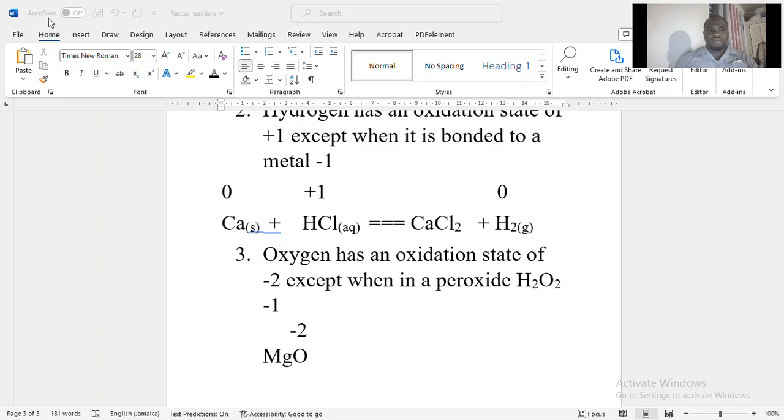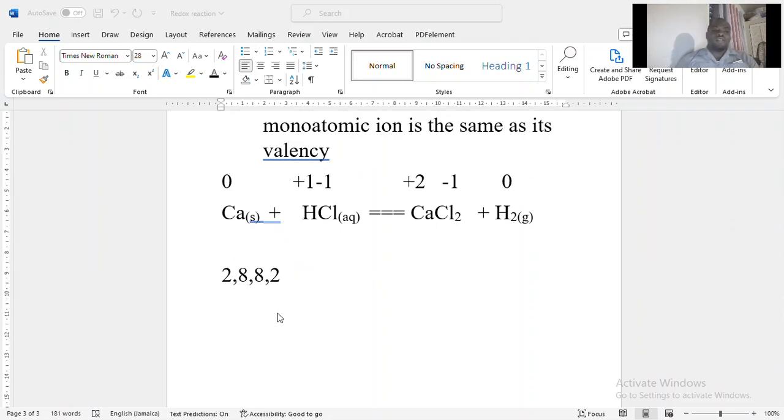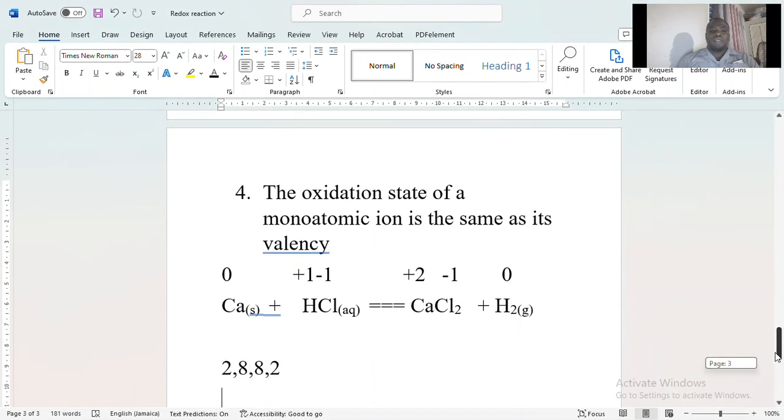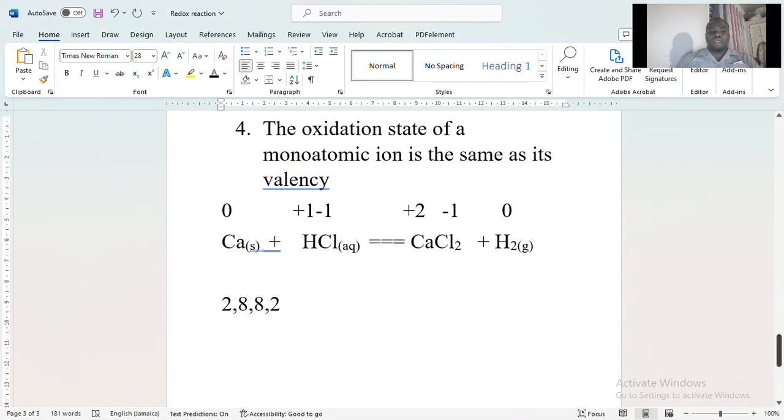Cool. There are some other rules that we never touched on because of the nature of that equation.